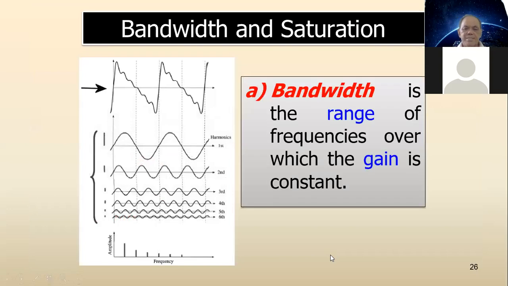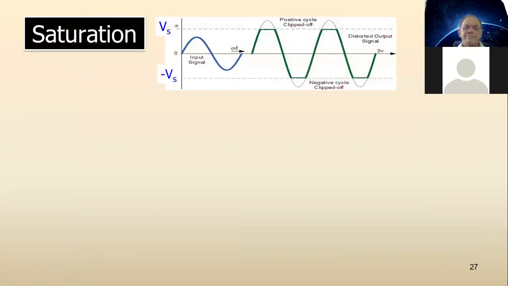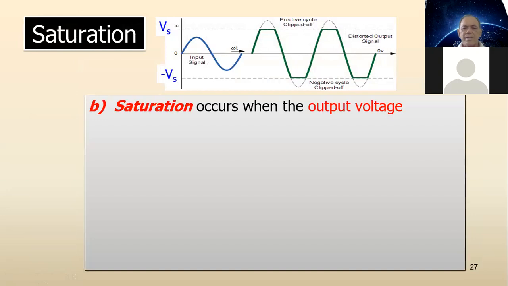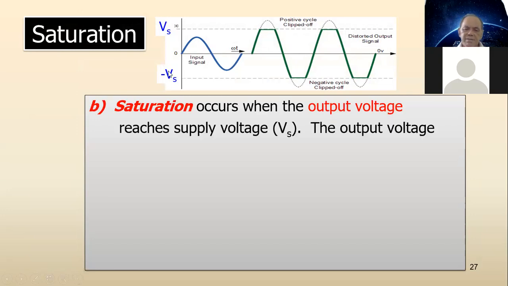Okay, so let's summarize bandwidth as a term that you need to know for this topic. Range of frequency over which the gain is constant. Memorize. And the other term is saturation. What is it? It occurs when the output voltage, this is the input voltage, there's the output voltage, right? There's a power supply, Vs, minus Vs. So the output voltage cannot exceed Vs because that's what you give.